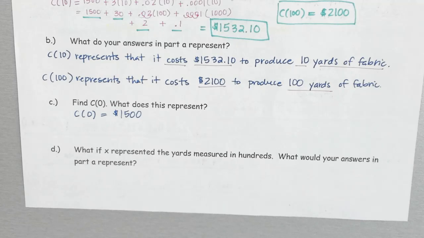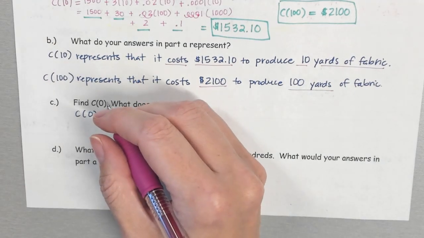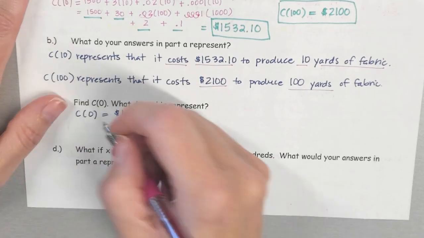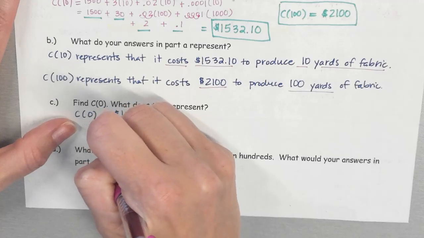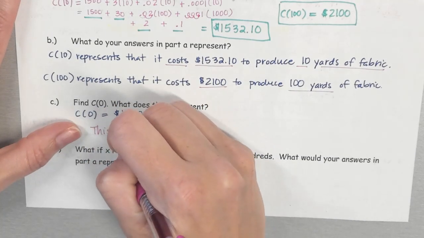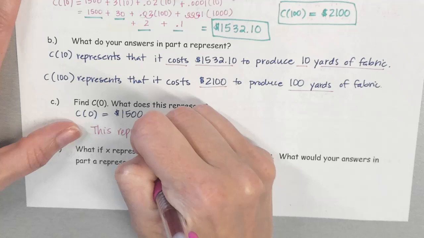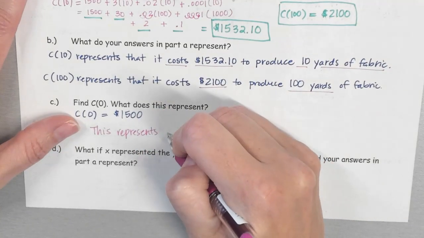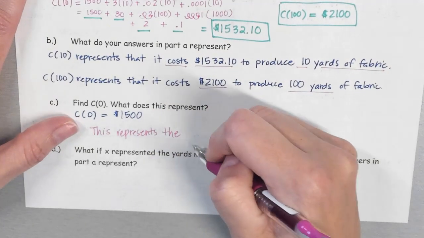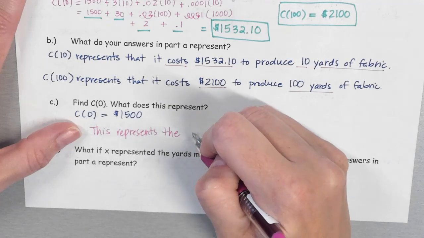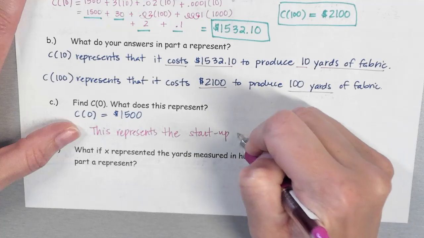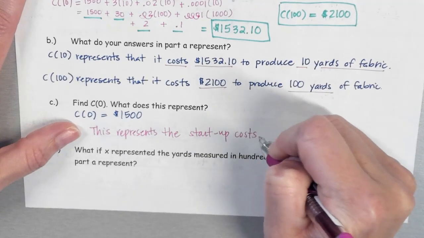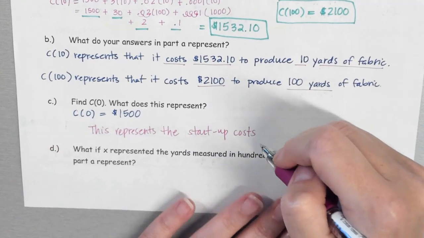It's your startup cost of doing the manufacturing. So maybe you have to rent the building, maybe you have to make a down payment, buy the machinery. So this represents, you can say, the startup cost.